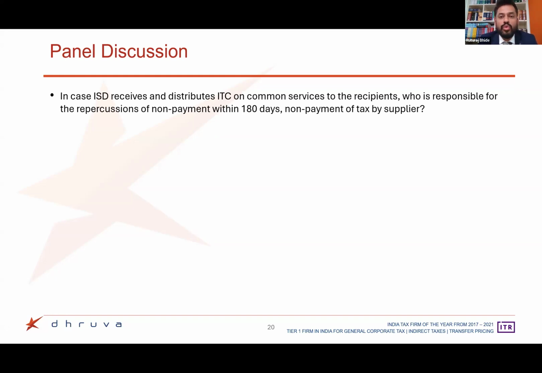Who is responsible to take charge and make sure that the credit is set right, reversed appropriately at the right point in time, reclaimed? How does this happen in an ISD setup?